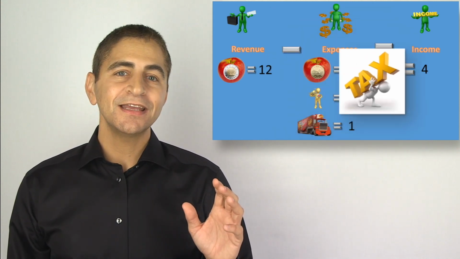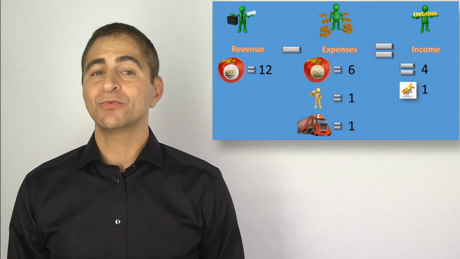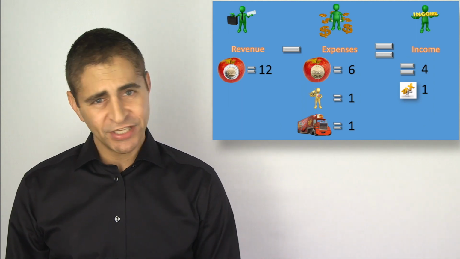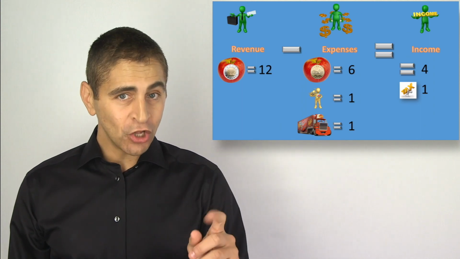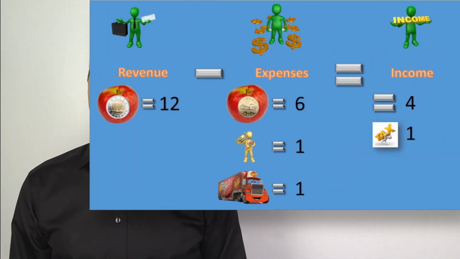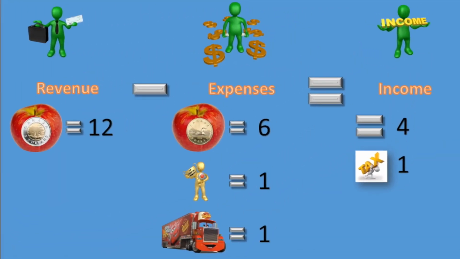And we pay $1 in taxes, which is, say, 25%. Let's pretend that the tax rate is 25%. If we didn't depreciate that $1 for the truck, then we would have paid taxes on $5, which means that we would have paid more in taxes. Okay, so now net income is $3.